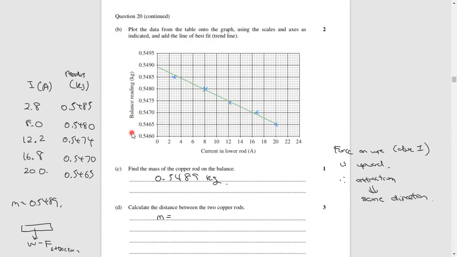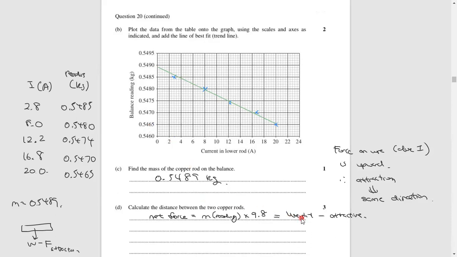So to actually get the balance reading, which is, I suppose, a force, but in terms of newtons, you need to multiply by 9.8, right? So to get the net force experienced, you need to get the mass of the reading multiplied by 9.8. And this net force is then also going to be inclusive of your weight force minus the attractive force.